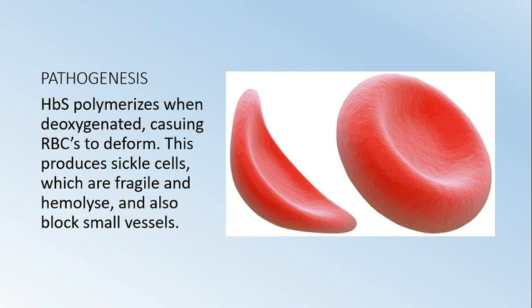This process is reversible: when there is no oxygen, polymerization occurs, but when there is oxygen, it can go back. It forms a gelatinous network of fibrous polymers that stiffens the RBC membrane, increases viscosity, and causes dehydration due to potassium leakage, and there is a calcium influx as well.